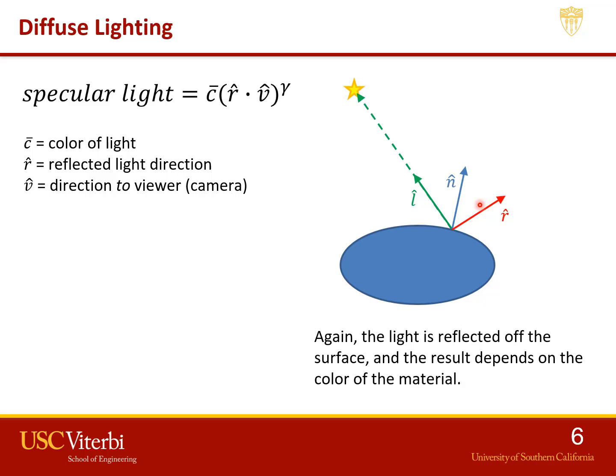This angle equals this angle. So we'll use the L and the N to calculate what is R. R is that vector. R is the angle at which you get the brightest, maximum reflection. So what is V then? V is the vector towards the viewer or towards the camera.